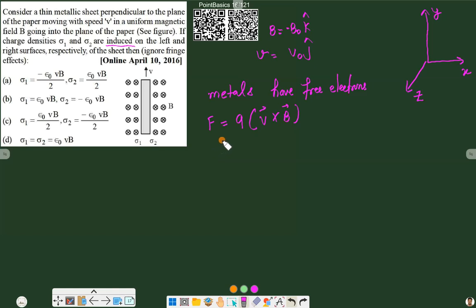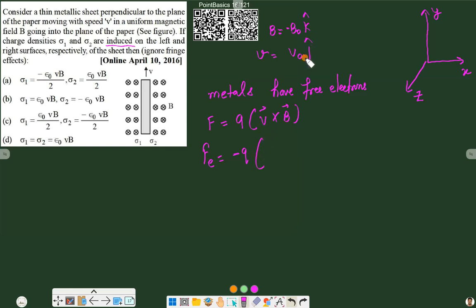Now, as we have only free electrons here, let's find the force on electrons. The force on an electron will have a negative sign, and we are only discussing the direction of the force, because we do not have to worry about the magnitude. There will be some magnitude, we only have to find the direction.